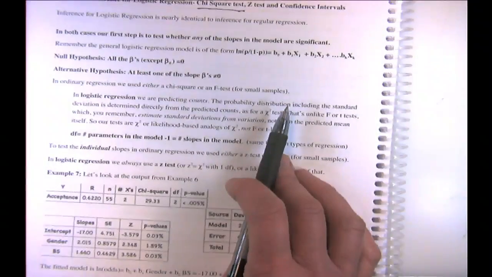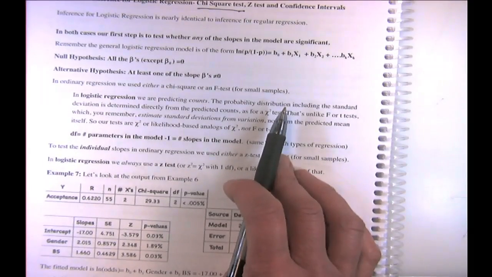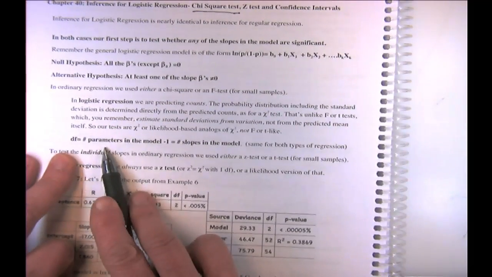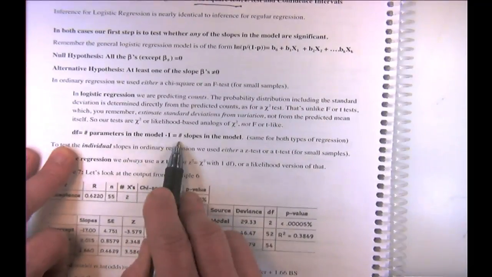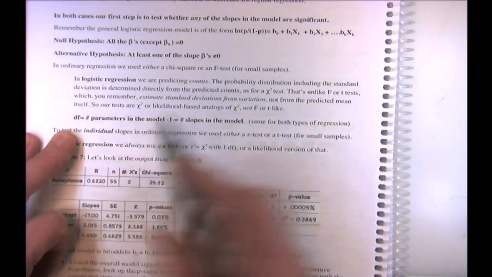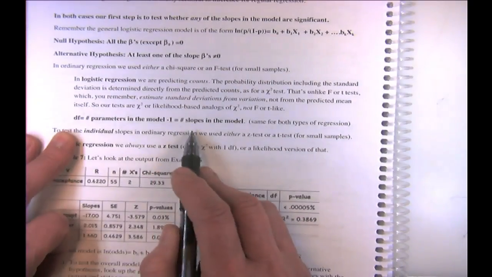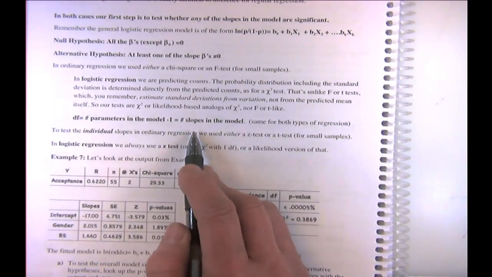I mean, you never use an F-test for percentage data, right? Or you never use a t-test. Okay. And then the degrees of freedom are the number of parameters in the model minus 1, the same way it is usually with our chi-square test in the past. So it's the number of predictor variables.